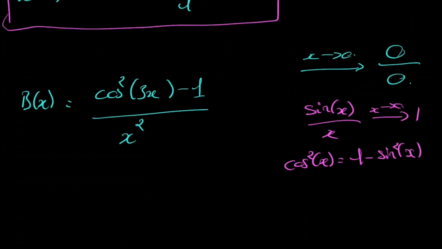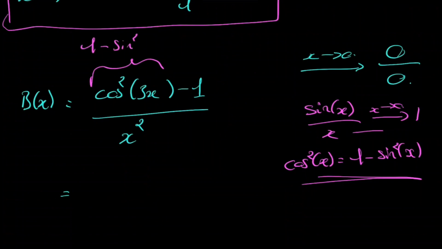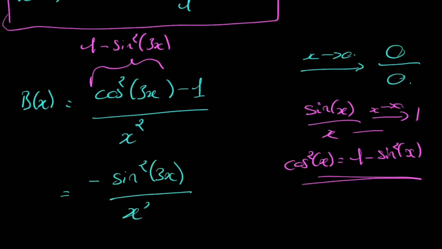So we will first apply this and then that. This cosinus squared is equal to 1 minus sinus squared of 3x, so 1 minus 1 is 0, minus sinus squared of 3x over x squared.